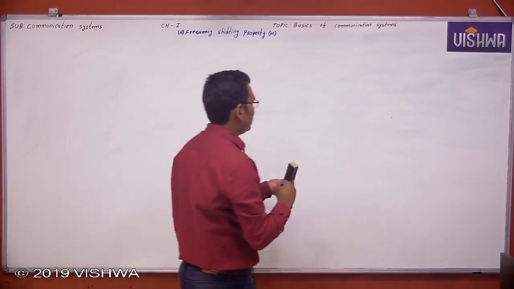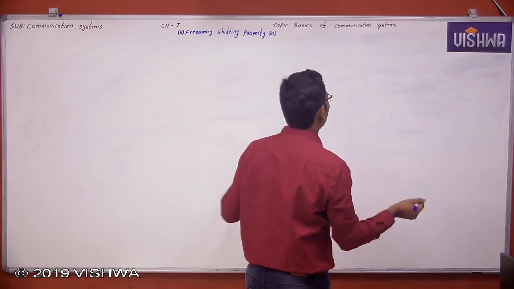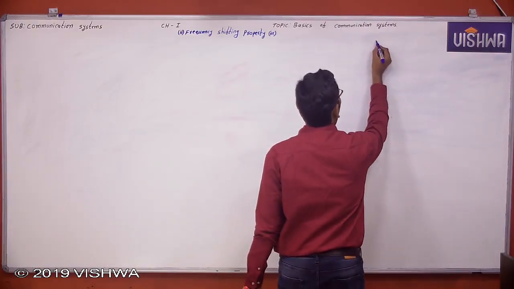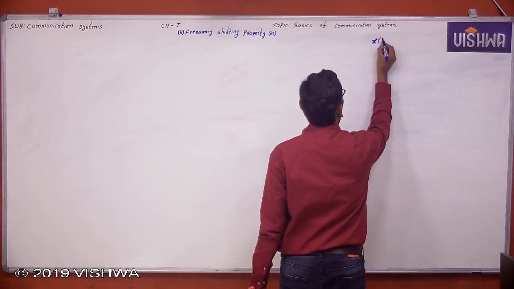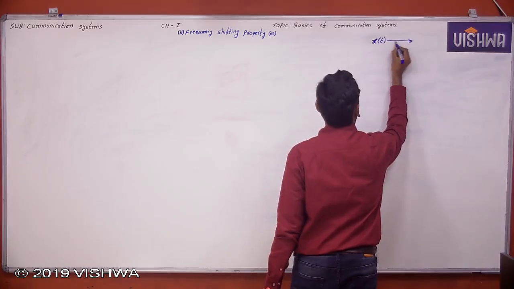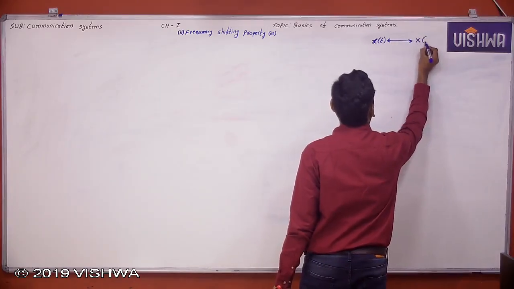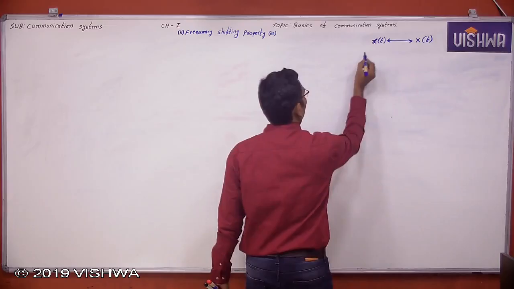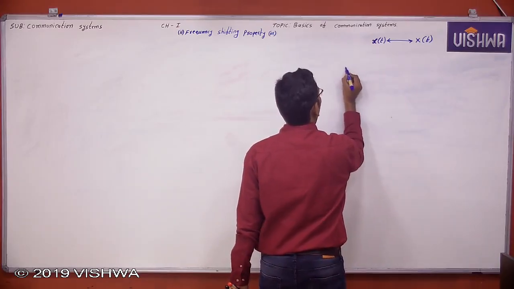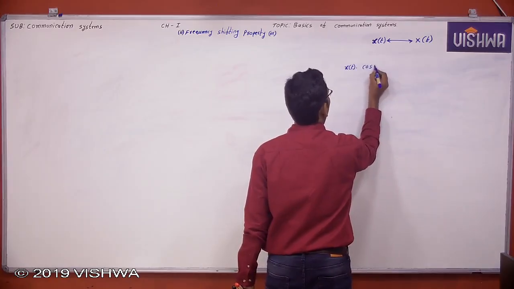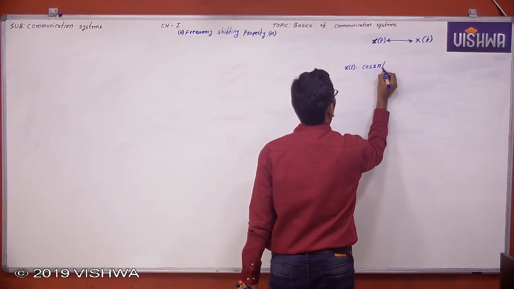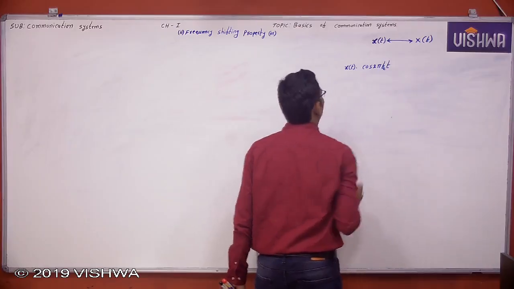This property says that x of t's Fourier transform is capital X of f. Now this x of t is multiplied with a carrier.